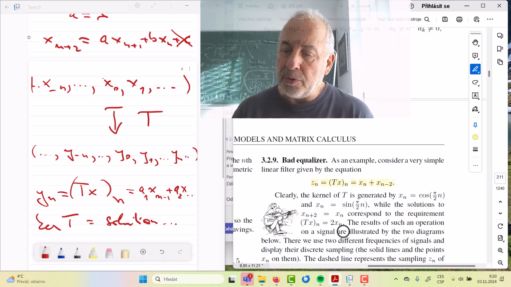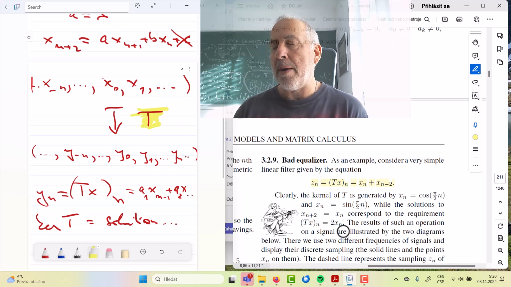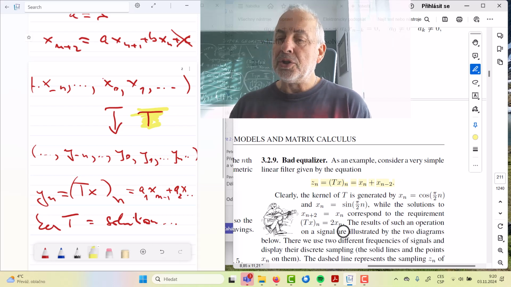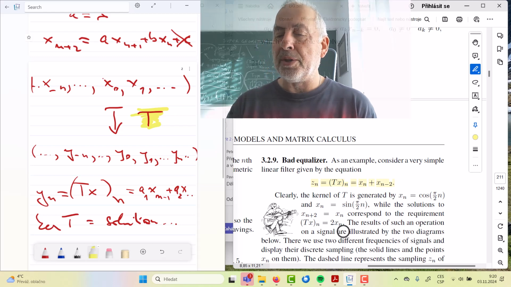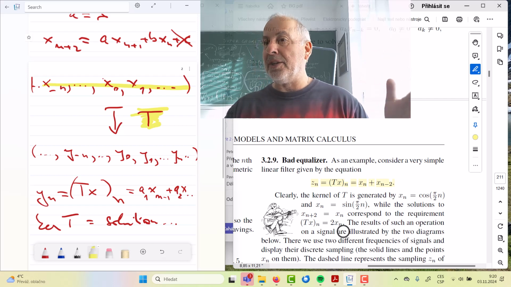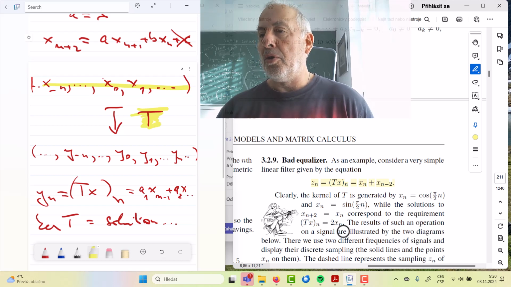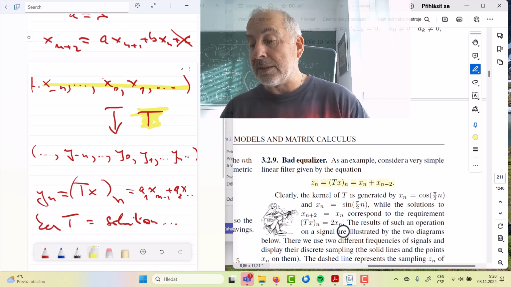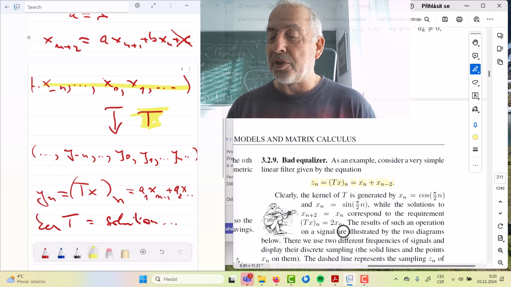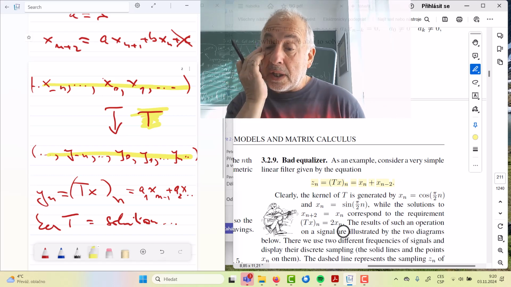So what we can understand is that the linear map T is something like a filter. You can imagine that for example the x's are a potentially infinite, but in reality finite, very long vector of, say, audio data sampled at some frequency. So you have something like 44,000 samples for each second, or something like that. And there is a linear filter which produces a new line of the sampled signal.